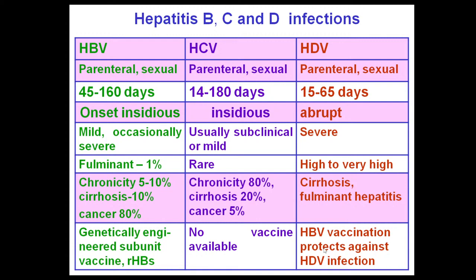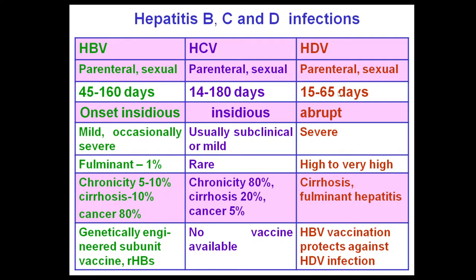All are transmitted through the parenteral route and the sexual route. But the sexual route is not really very common for hepatitis C. It is believed that it is not commonly transmitted by the sexual route, and most commonly through blood or organ transplantation.